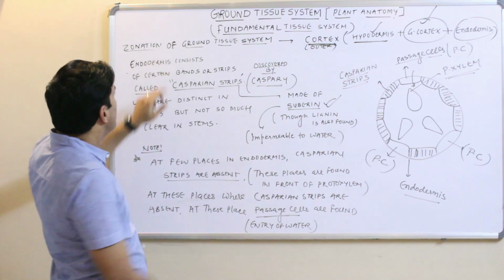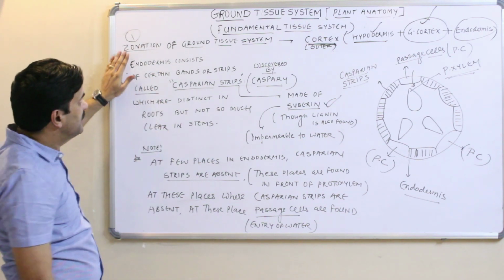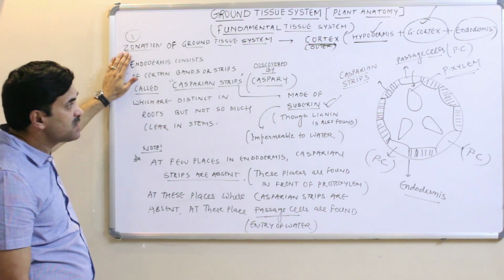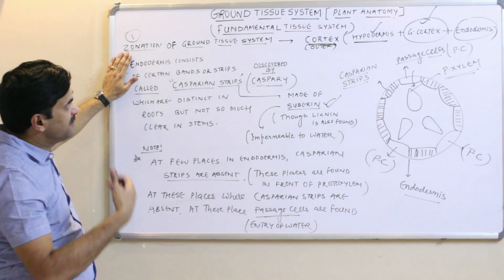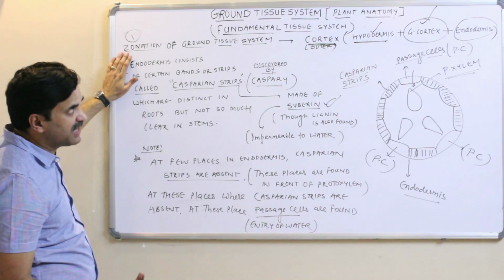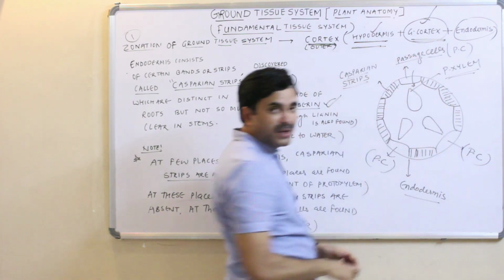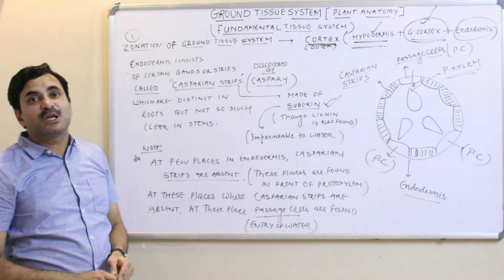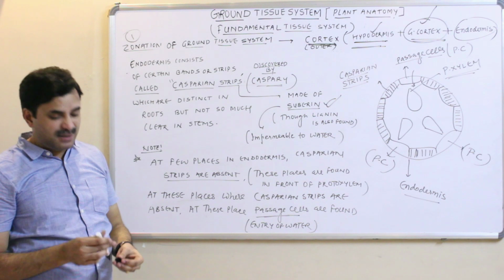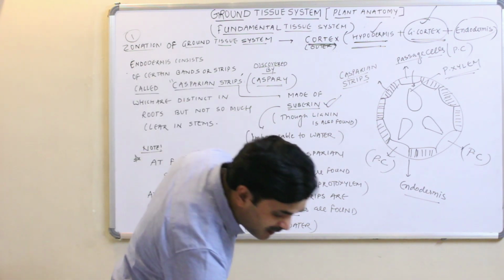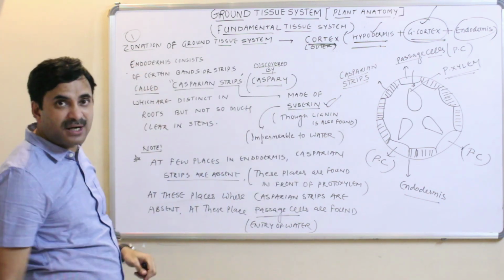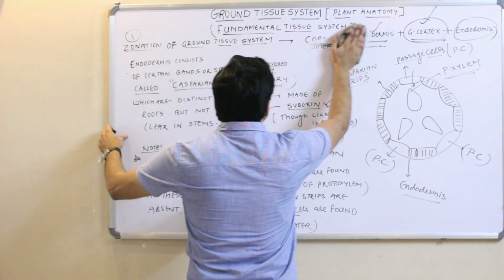Alright. Like this, we have completed the first part of the ground tissue system, which is the outer part, that is the cortex. And the cortex was composed of hypodermis, general cortex and endodermis. Right. Now coming to the central region of the ground tissue system.